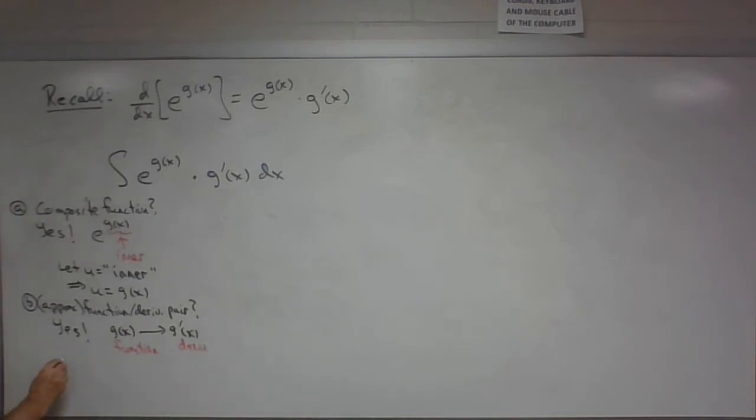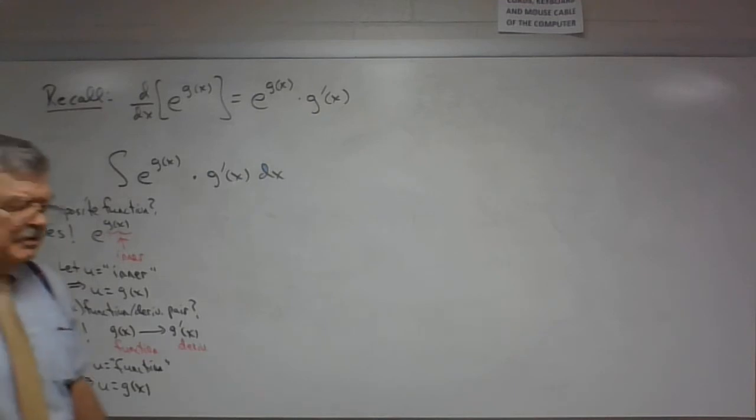Our rule of thumb, we let u equal the function of the function derivative pair. So u is equal to g of x. Beautiful.